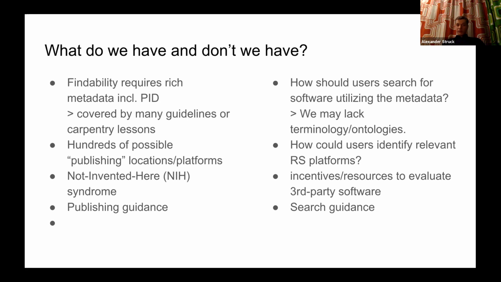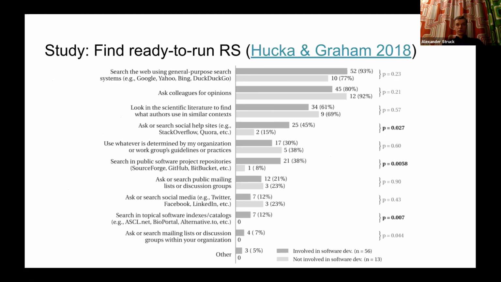And we already have publishing guidance in some guidelines, carpentry lessons, but we do not have search guidance to actually search for published software. That's my impression I get from the literature and actual search.